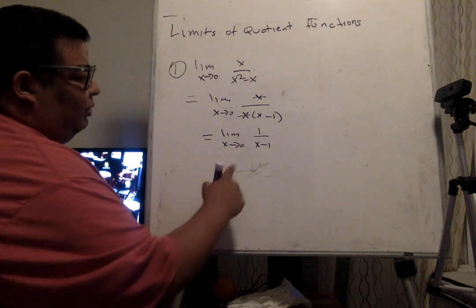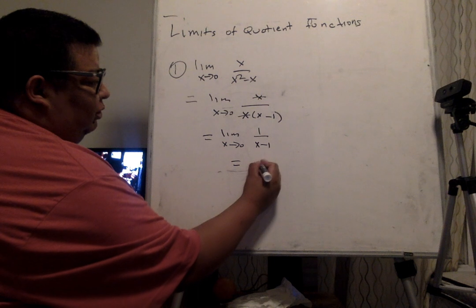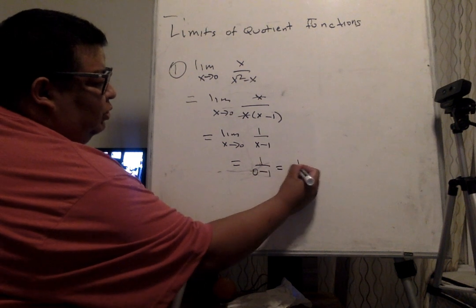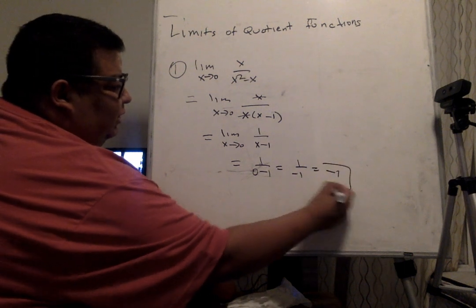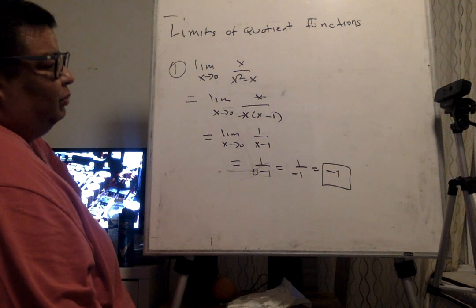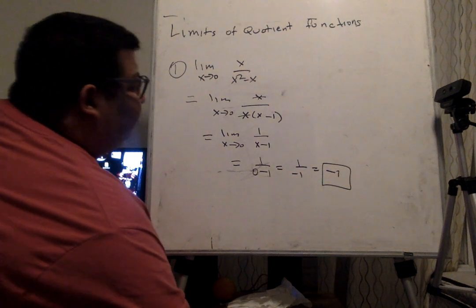Now we can plug in, because if we plug in 0, we're gonna get 1 over 0 minus 1, which is 1 over minus 1, which is minus 1, and that's the limit. So this is how we're supposed to do this type of problem. Let's look at our next example.